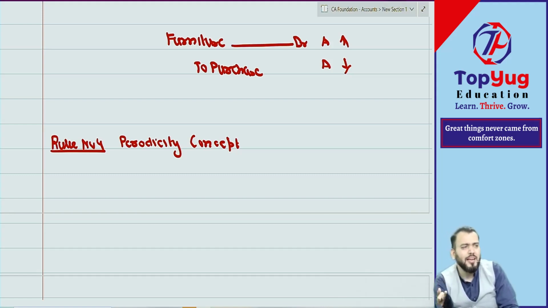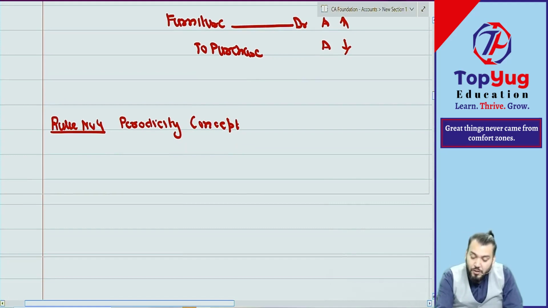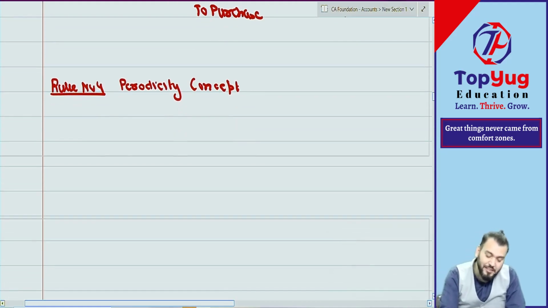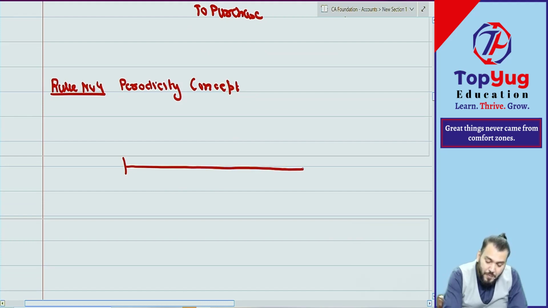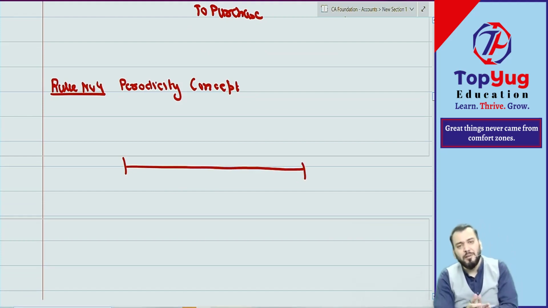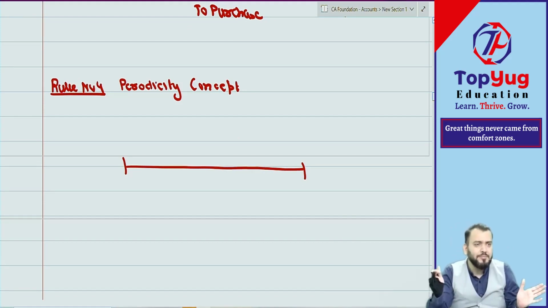I hope you all know that a financial statement is for a particular accounting year, correct? Because of which concept? Periodicity concept, correct. Now, what does this concept say? That a business has a long life.